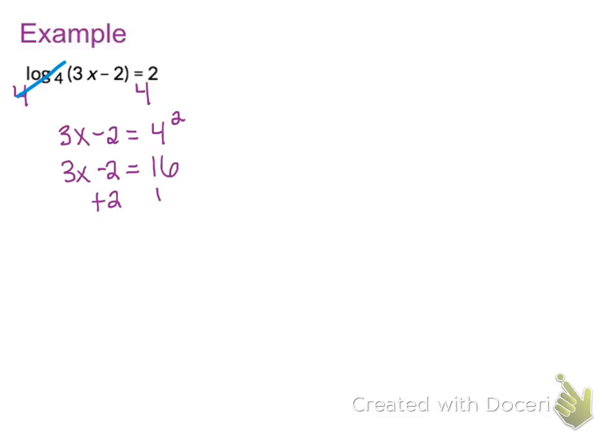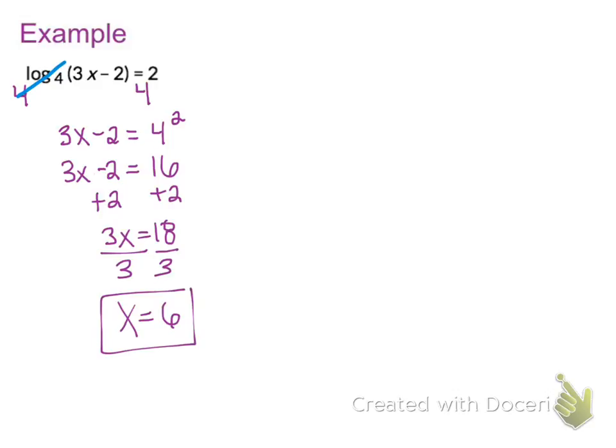I'm going to go ahead and add 2 to both sides, leaving me with 3x equaling 18, and going ahead and dividing both sides by 3, leaving me with x equaling 6. Now, with this example, the best thing that I can get you to remember is whatever that base of your logarithm is what you're going to use to get rid of it, turning it into an exponent type situation, which is easier to simplify.